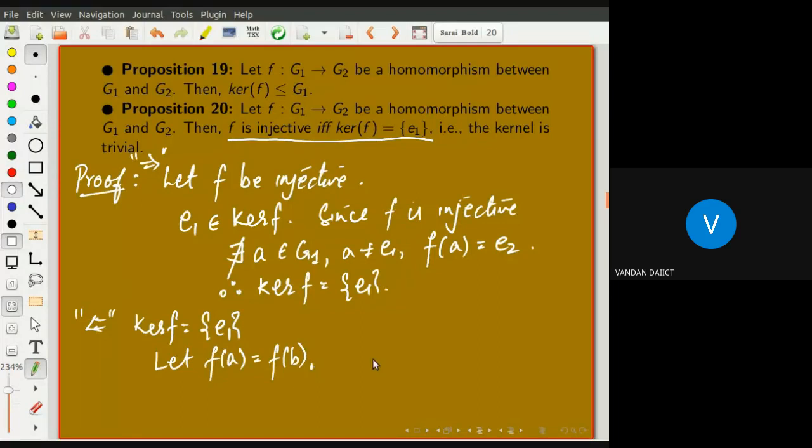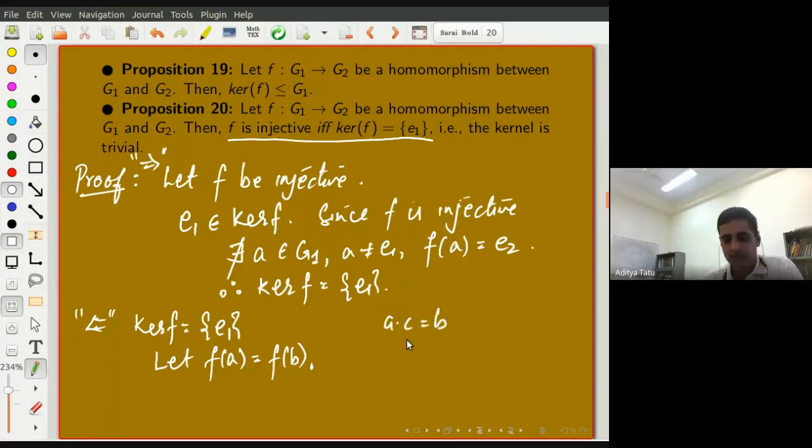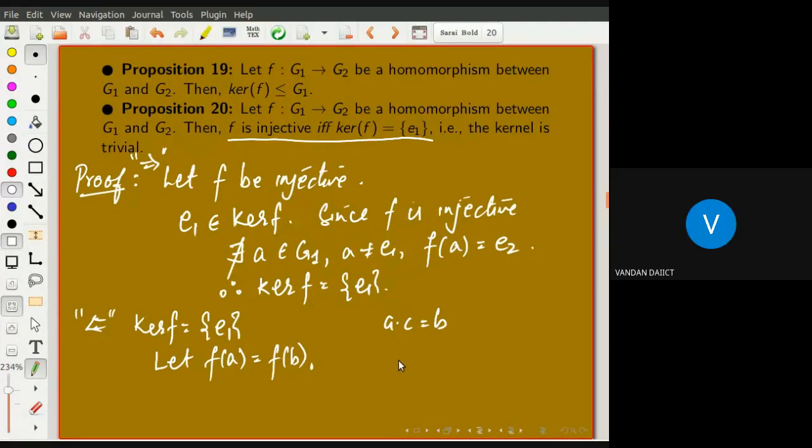Sir, A dot C is B, so F of A dot C is also F of B. Fine. Then F of A dot F of C equals F of B. Now F of A and F of B are the same, so F of C will be identity, which is a contradiction. Okay, this is fine.